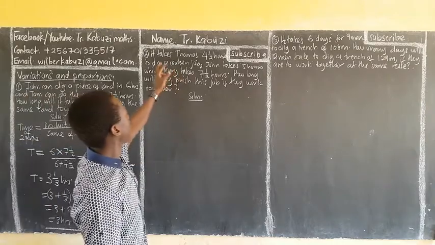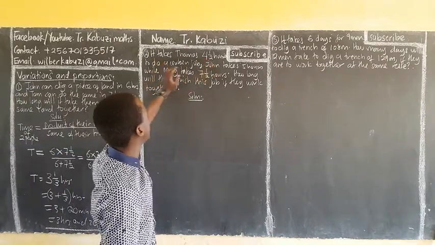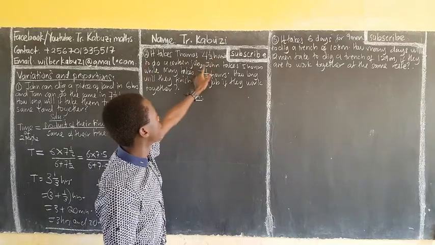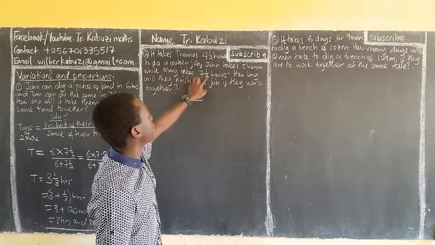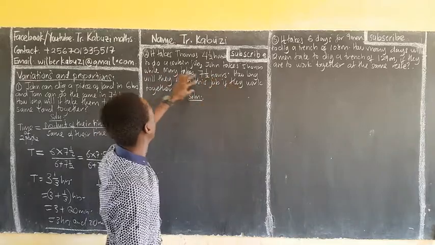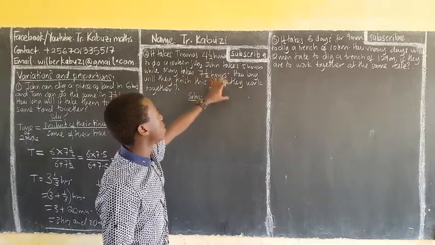When you come here now, it takes Thomas 4.5 hours to do a certain job, then John takes 5 hours, while Mary takes 7.5 hours. How long will they finish this job if they work together?